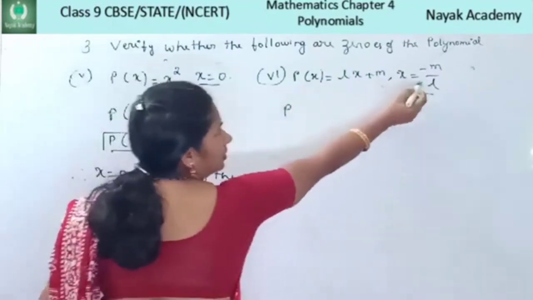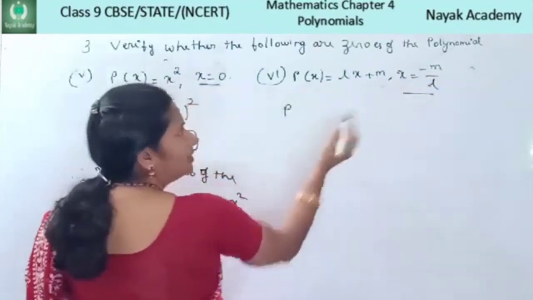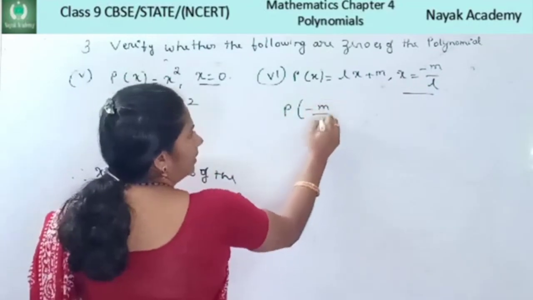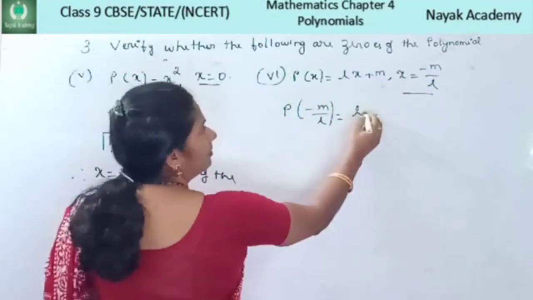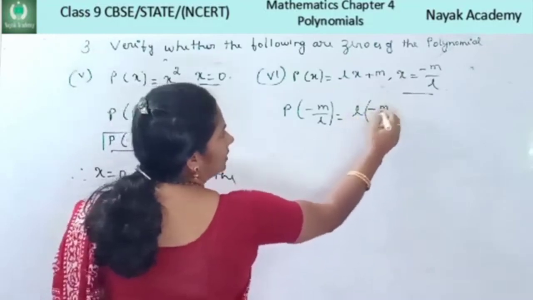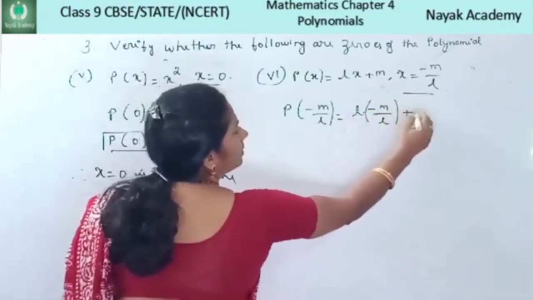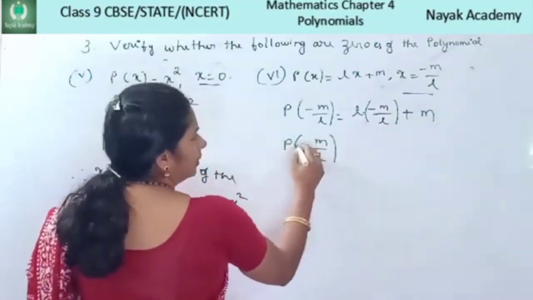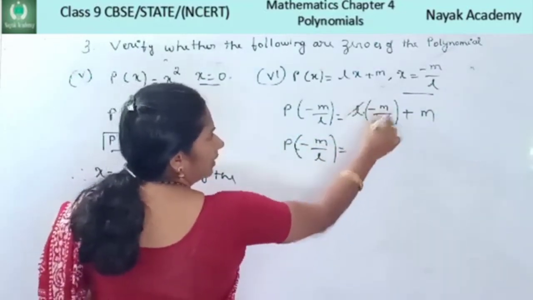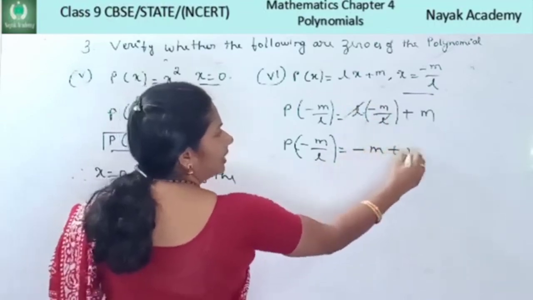In place of x, you substitute the value as minus m by l. L you write as it is, and in place of x you substitute the value as minus m by l, plus m. So p of minus m by l equal to l gets cancelled, minus m plus m.